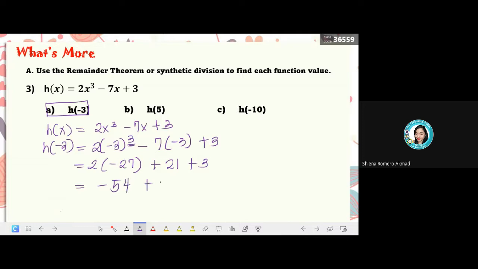Correct. So we have 21 plus 3, which is 24. So what is our h of negative 3? Negative 54 plus 24 is negative... the answer.